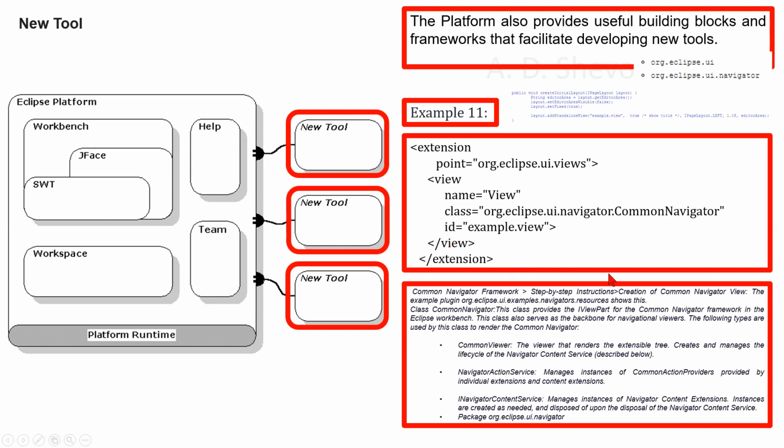Please note, if you are defining your own perspective in which Common Navigator is used, the showTitle parameter must be set to true in order for the viewer to render correctly.